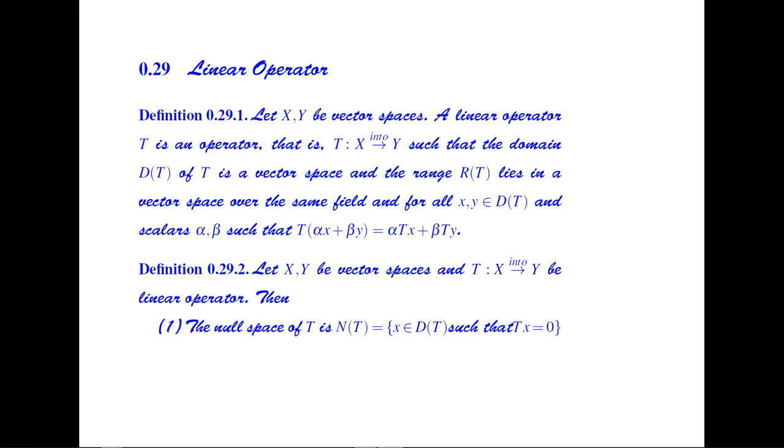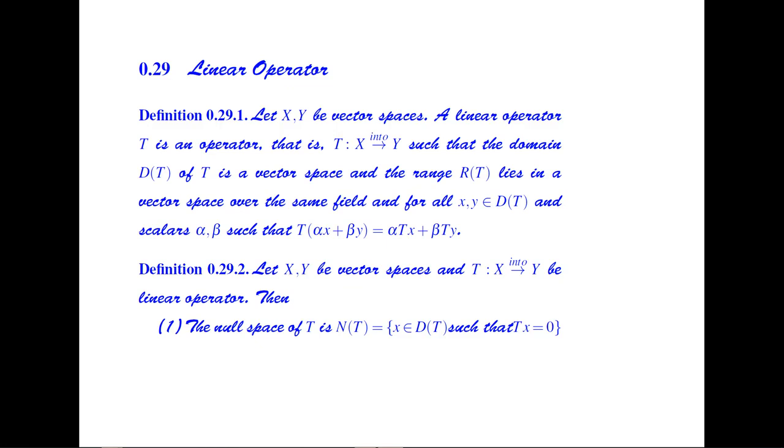For all x and y belonging to the domain of T, and scalars alpha and beta, we have T(alpha x + beta y) = alpha Tx + beta Ty.